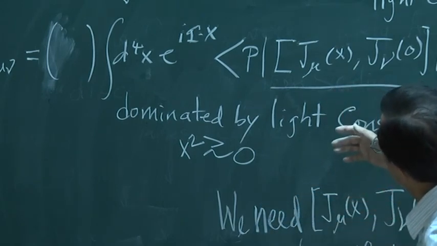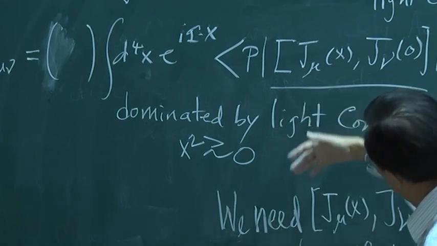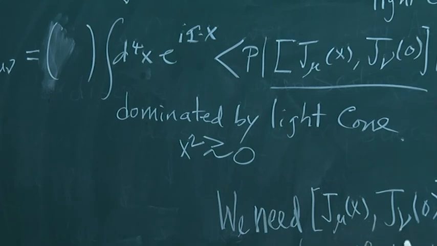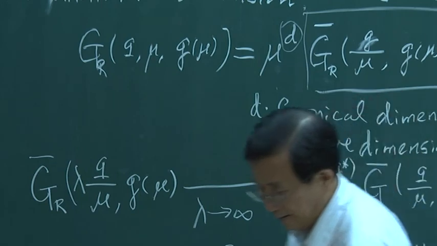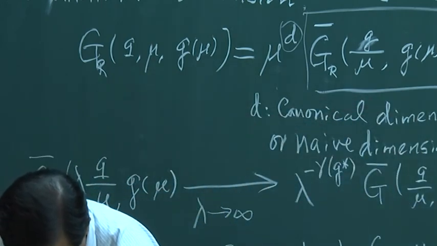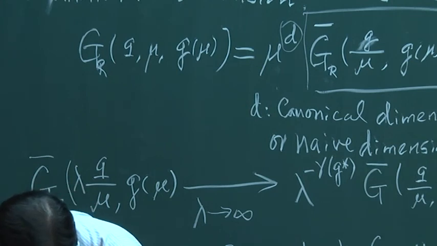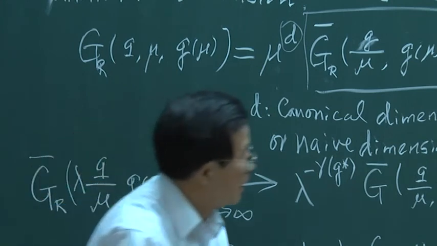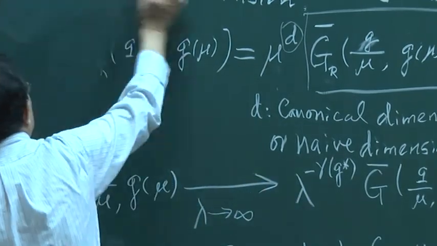So step by step, we have been led to the idea that we need this commutator near the light cone. Now, the operator product extension.